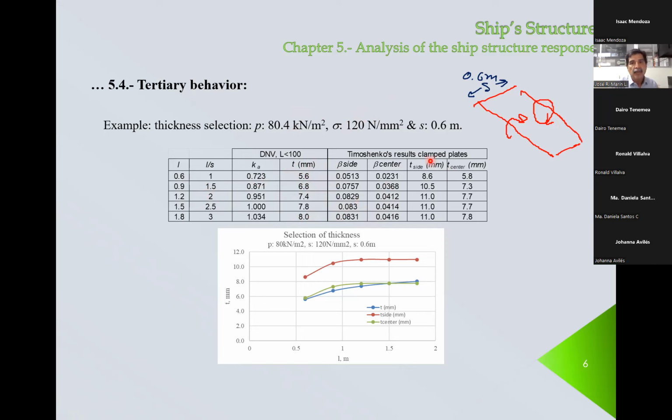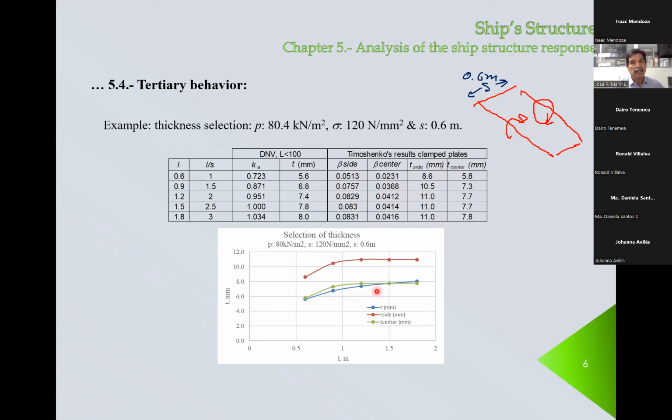Now, then we apply Timoshenko's results. That's in this direction, in the Y direction, evaluated on the side here and also at the center here. And these are the results. So we applied the estimation of the thickness using Timoshenko results, employing the same pressure, the same sigma, and the same S value.